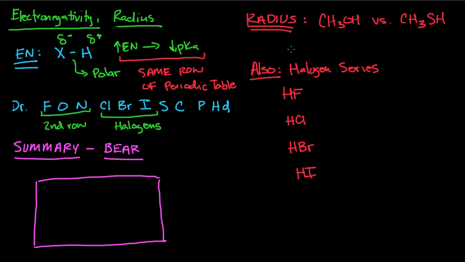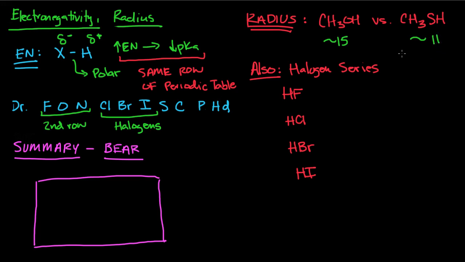Best example I can think of is methanol versus if you change the O for an S, and also the halogen series. Let's take a look at the pKa value of methanol. This one is roughly about 15 for the pKa, whereas if you replace it with a sulfur, the pKa drops to 11. So that is completely opposite of what we said with electronegativity.